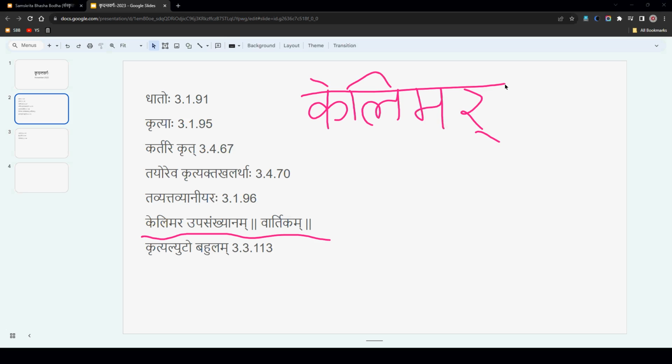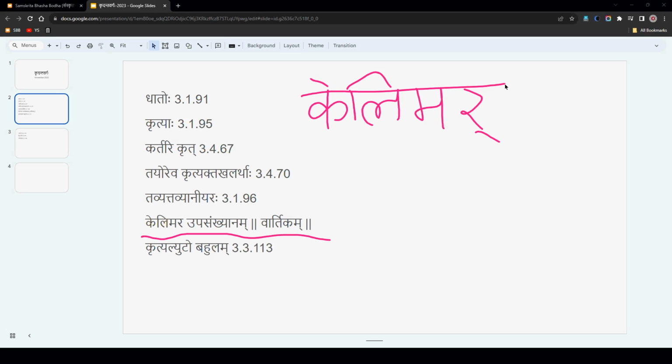This Vartikam, Kelimar Upasankhyanam, is saying that the Pratyaya Kelimar should be added. Upasankhyanam means addition, you can say auxiliary. Sankhya is like number, right?